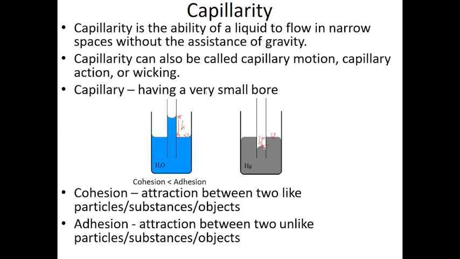So what's the implication? The implication is cohesion is greater than adhesion. So the attraction between molecules of mercury is greater than the attraction between the capillary tube and mercury.